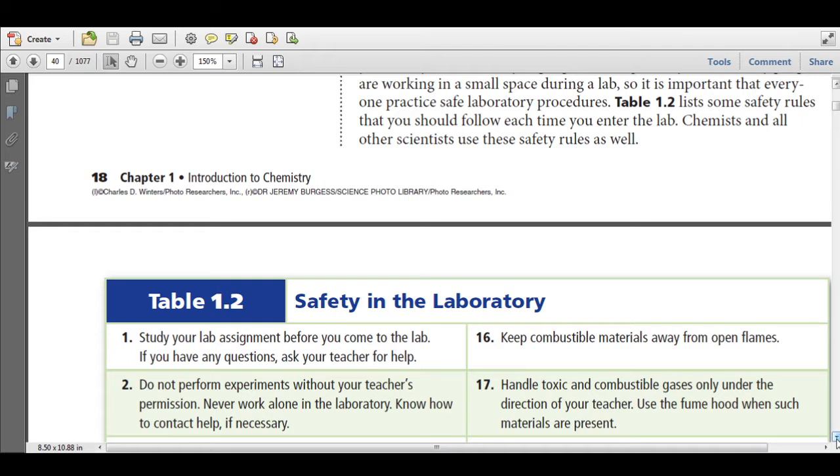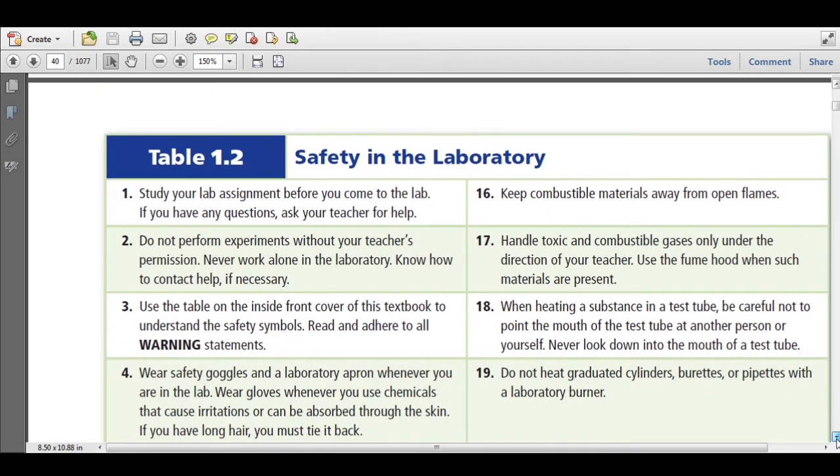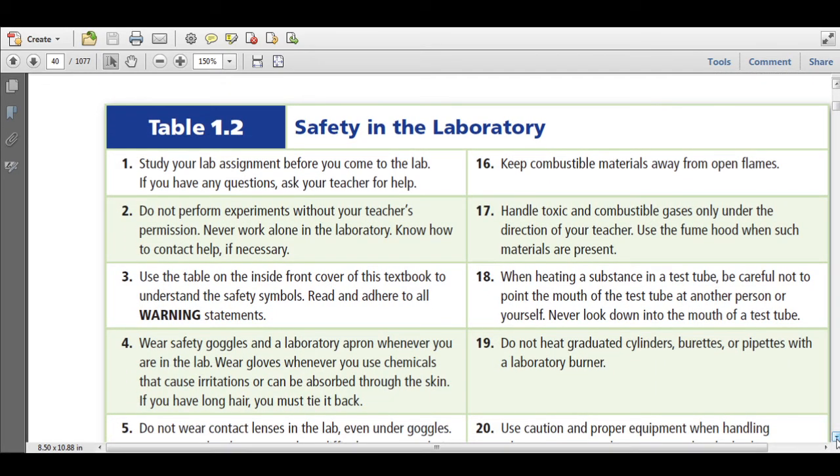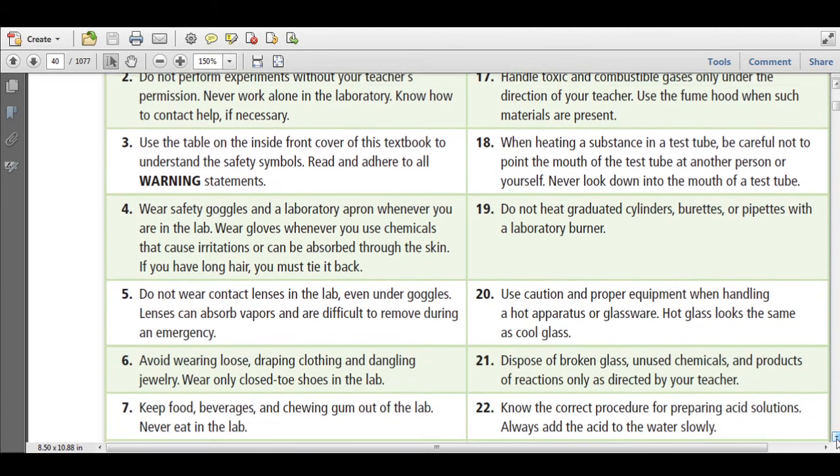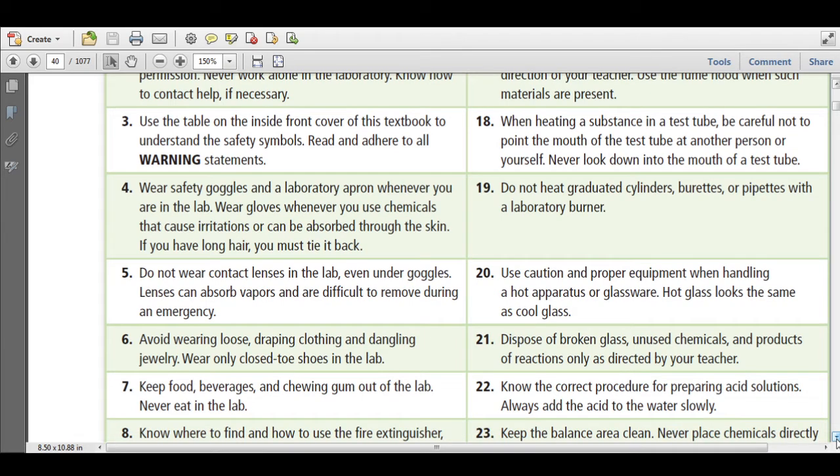I think some important safety protocols that we should go over would be number 4, and that's wear safety goggles and a laboratory apron whenever you are in the lab. Number 7 is keep food, beverages, and chewing gum out of the lab, and that you should never eat in the lab.